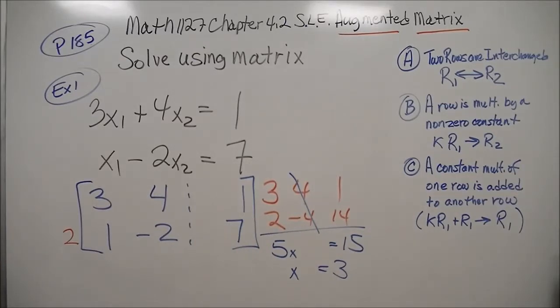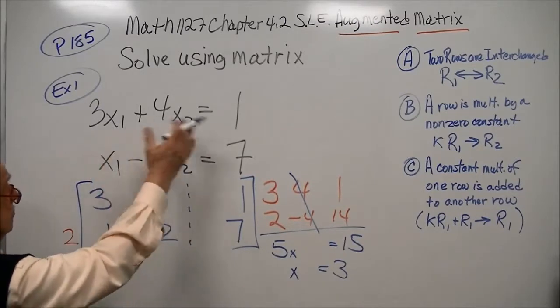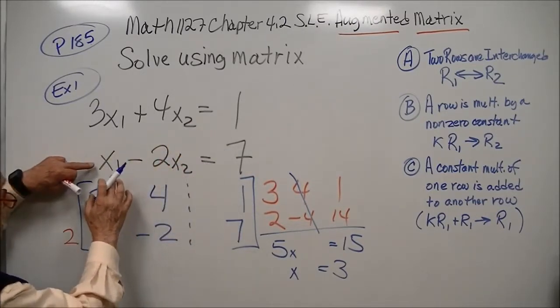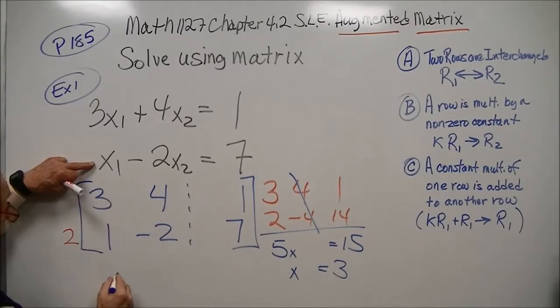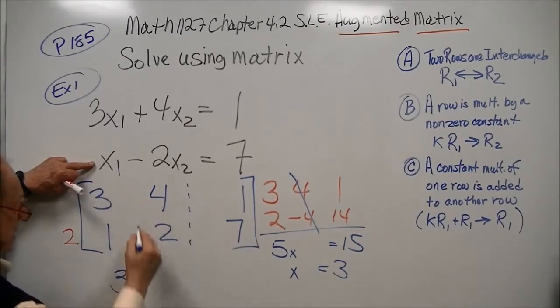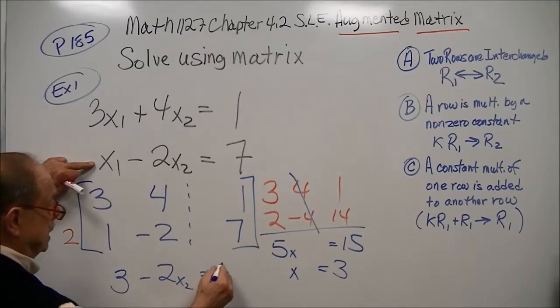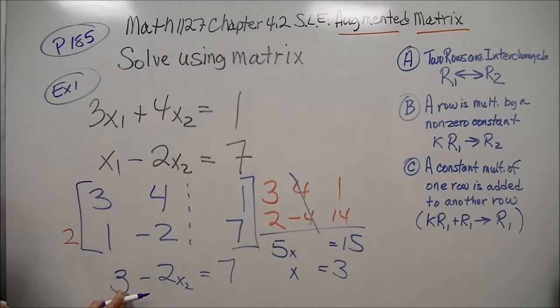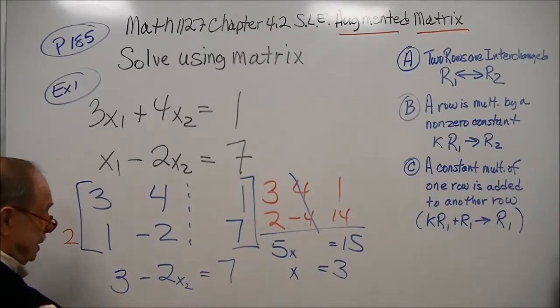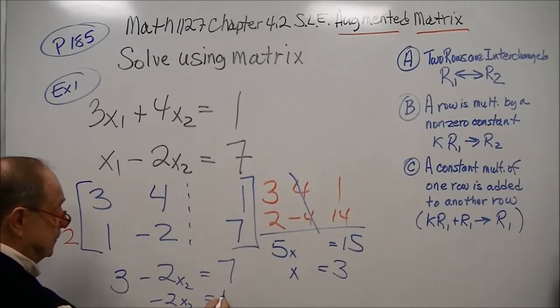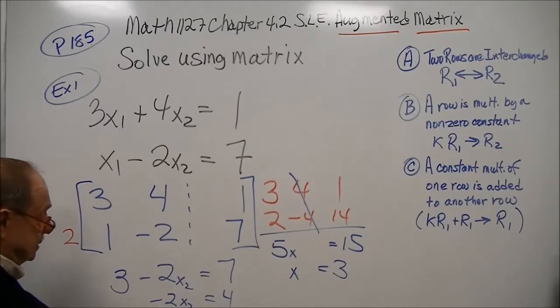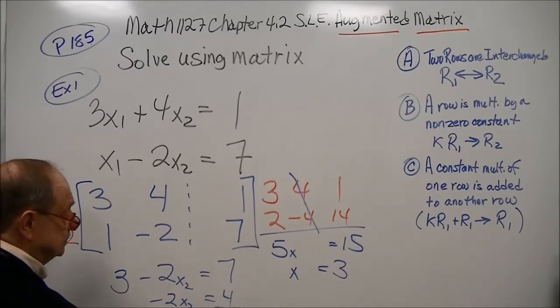Wow, that was pretty short. So if x equals 3, and we could use either one of these, let's say this one right here, if x is 3, this is going to be 2 times x sub 2 equals 7. Now we're going to transpose this. This becomes a negative 3, so I get 2 x sub 2 equals 4. Divide both sides by a negative 2.